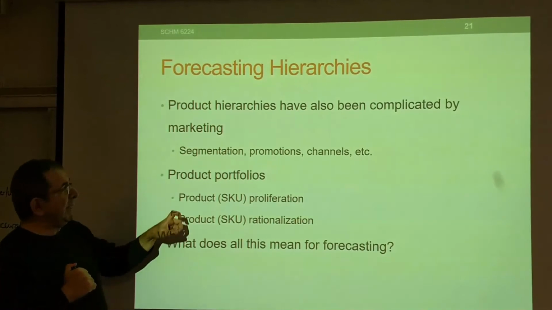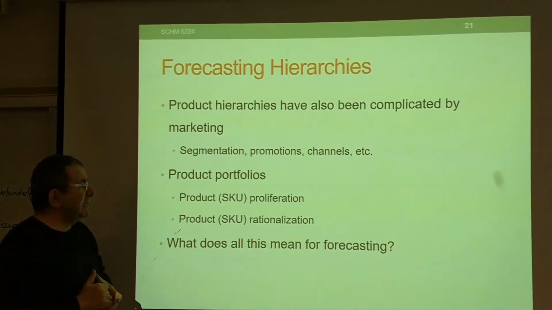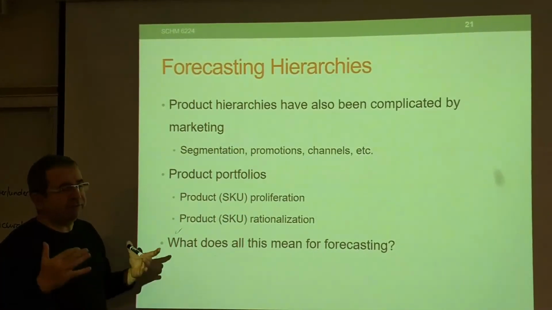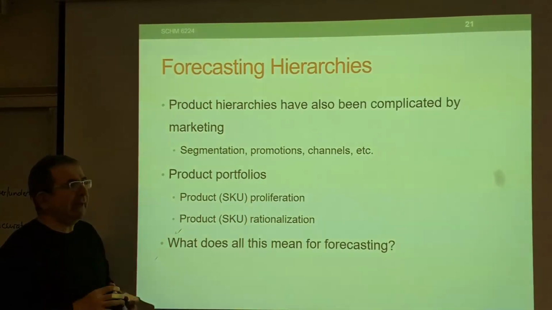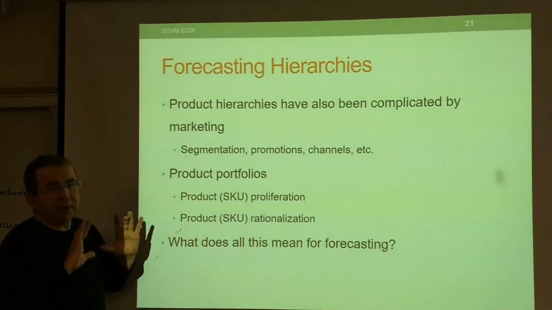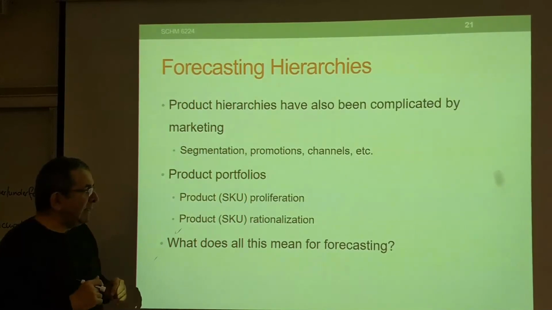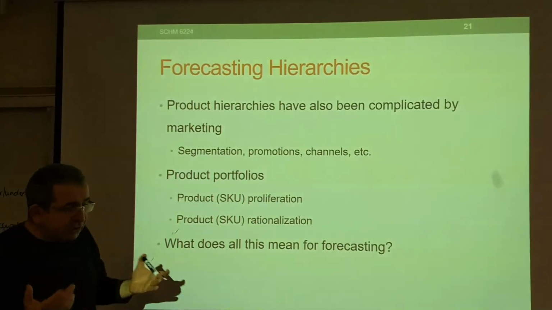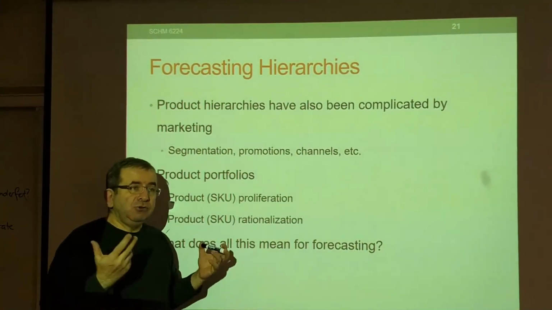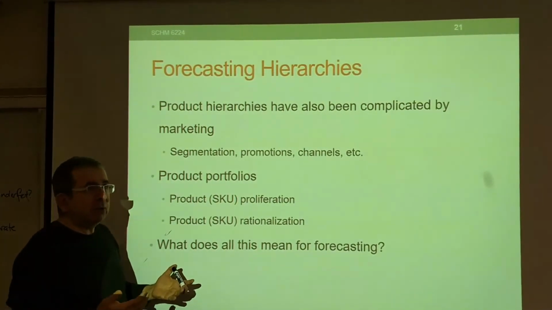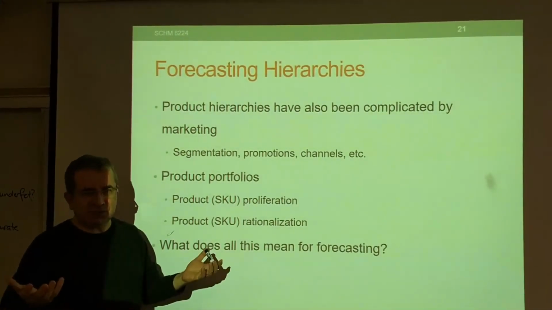The other problem is companies love new products. They keep introducing new products all the time. Why is that? Well, there's a very simple reason for this. New products are more profitable than old, existing products.